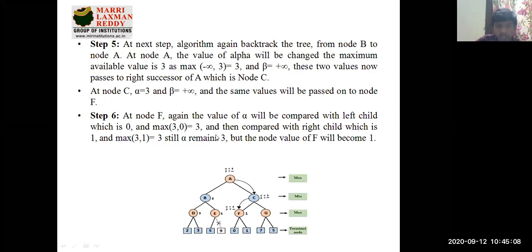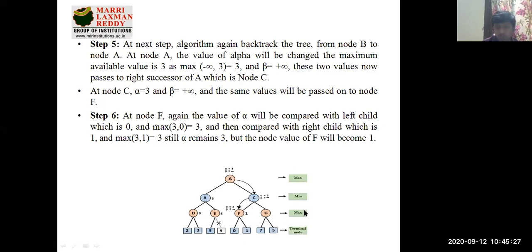Okay, now let's look at step 6. At node F, again the value of alpha will be compared to your left child. Here F has children values 0 and 1. Now we need to take the maximum value from these two because F is in your maximum level.